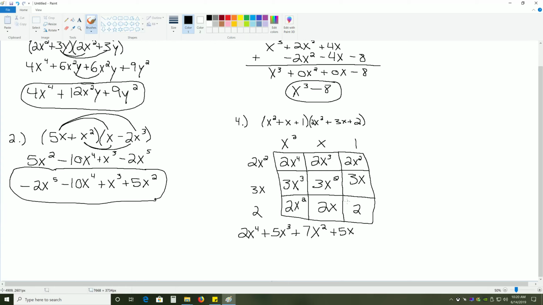And finally, we have a 2 by itself that gives us plus 2. And this polynomial is already in order for us. We do not need to sort it by exponent. And we do not need to worry about adding common terms together like we did in the last problem, as it's taken care of for us in this box process.